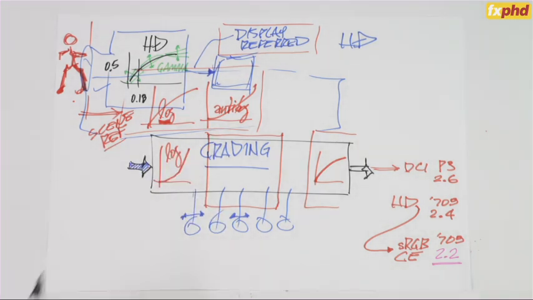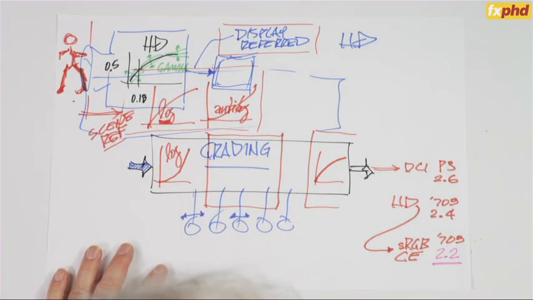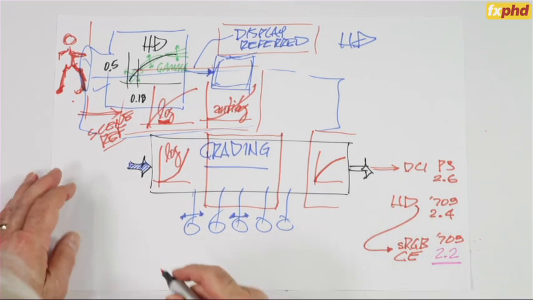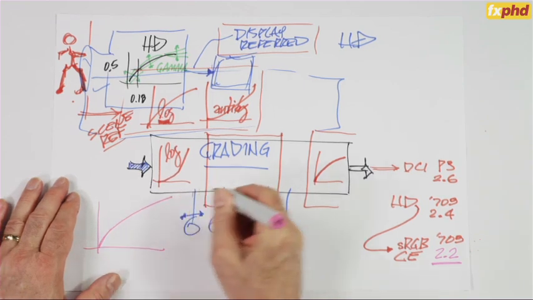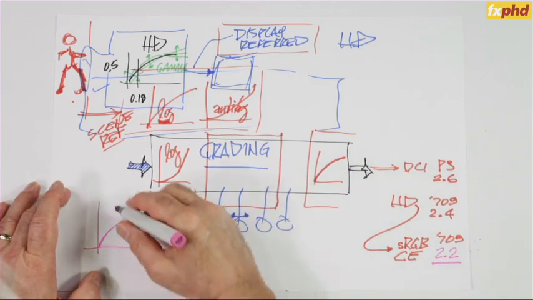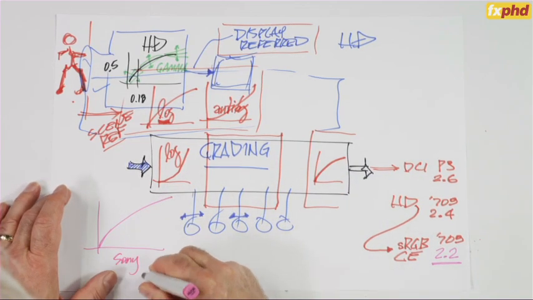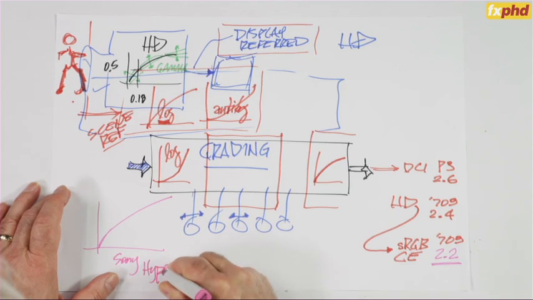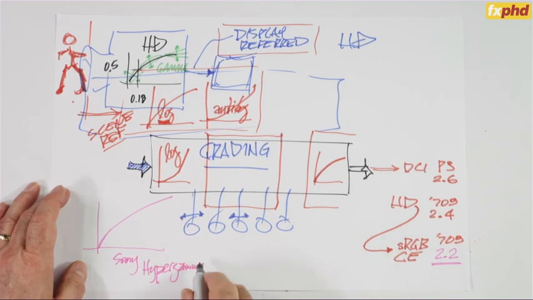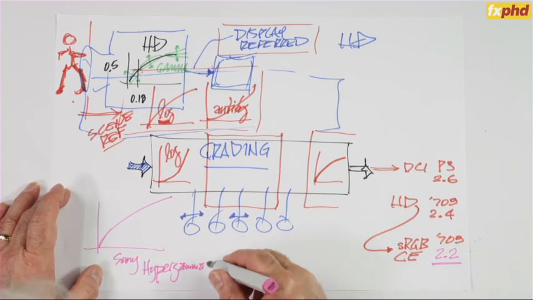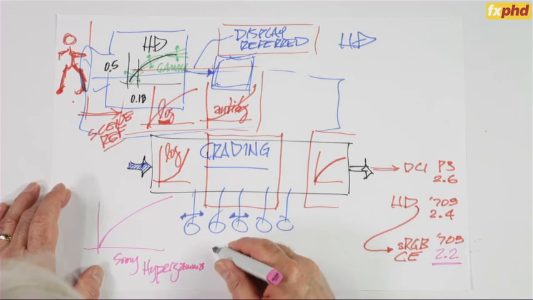And I'll say one more little piece while we're on this slide. You know, there's some curves that you can select in the camera. And I'll pick a particular example, Sony Hyper Gamma. So this curve is advertised. There's several flavors. I think they're now up to 8 flavors, at least 4, but I think it's now 8.